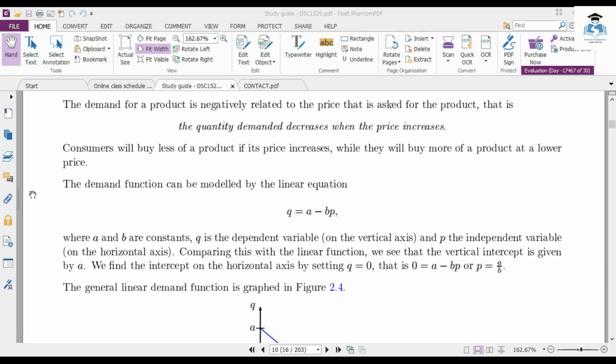So this is what we were doing. Remember, when we have such an equation, A minus BP equals 0, then BP comes here, so we can say BP equals A. Then we divide both sides by B, so we'll get to this. So that's what they are simply explaining there.